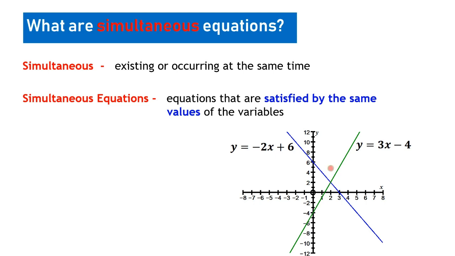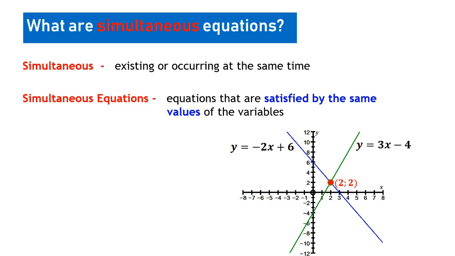In order to find the coordinates of that point, you have to solve the two equations simultaneously. You can see they both have an x and a y. At the point where they meet, they share the same x value and the same y value. That's what solving your simultaneous equations brings about: finding that shared point on graphs.